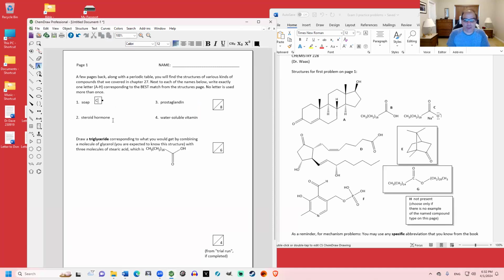Then it asks for a steroid hormone. In class, we said that steroid hormones, cortisone, cholesterol, bile salts, all of these compounds have the same tetracyclic ring structure, which involve three six-membered rings and a five-membered ring fused exactly like that.